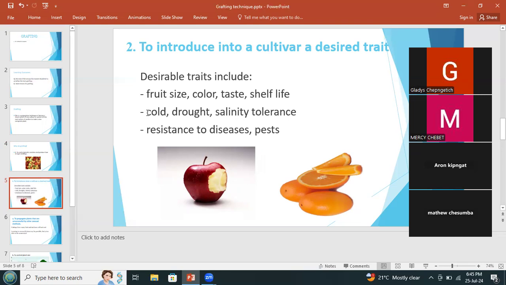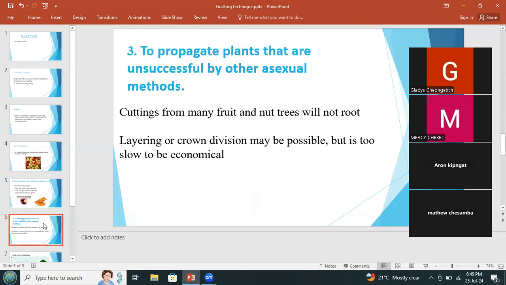And also to introduce into a cultivar a desired trait, for example, a fruit which is resistant to diseases and pests. Are we together, class? Yes. Okay.